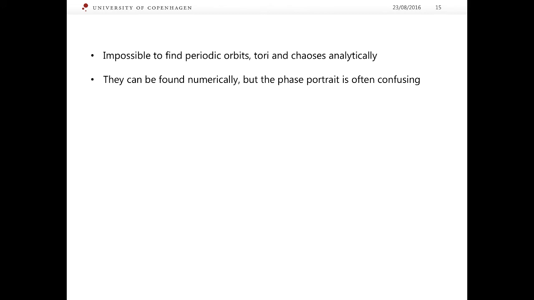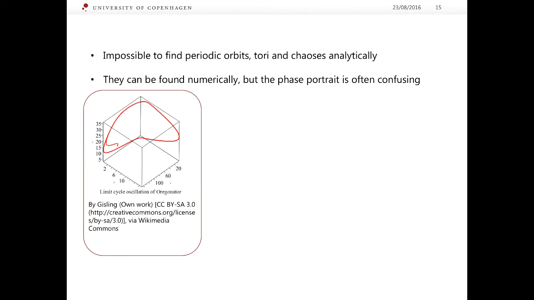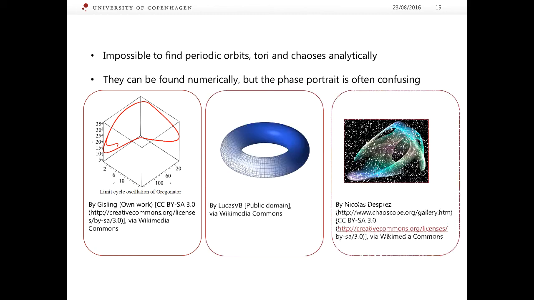And we have to resort to numerical techniques. The problem with such attractors is that their phase portraits might be quite confusing. And for example, a few illustrations of these objects are shown in this figure.